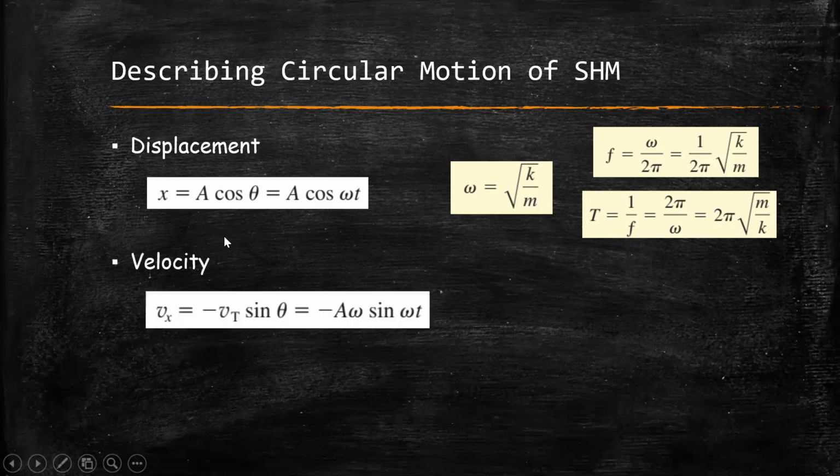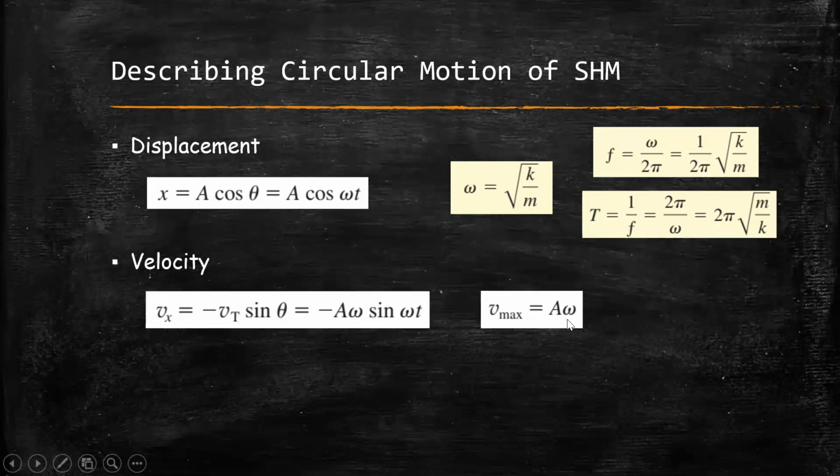For the velocity, we have this formula, which is equal to negative the amplitude times the angular frequency times sine of the angular frequency times time. Or for the maximum velocity, we have the amplitude times the angular frequency.